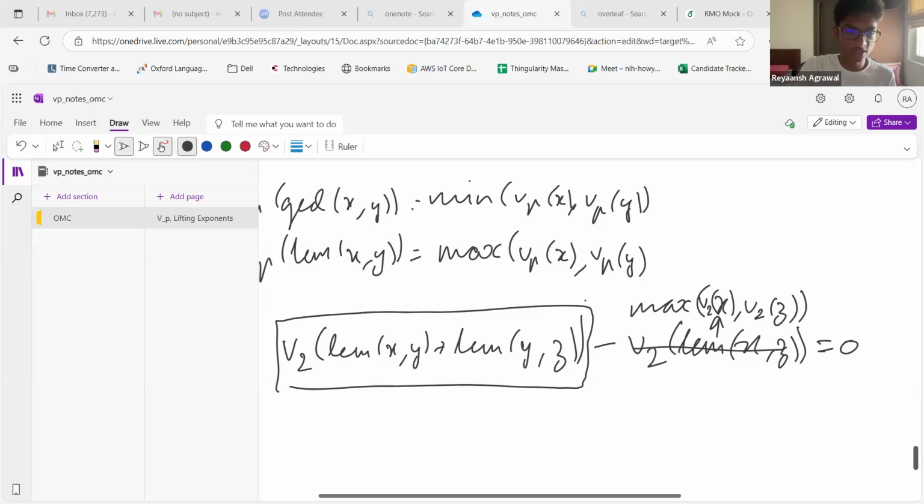Give me 2 minutes. I guess it would be the maximum v2 of x, y plus the maximum v2 of y and z. Sorry, could you repeat? I guess it would be the maximum v2 in x or y plus the maximum v2 of y and z.